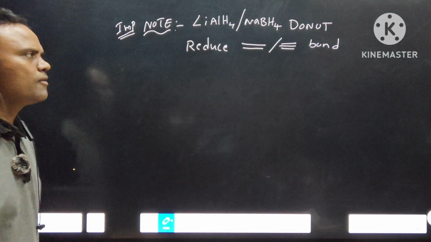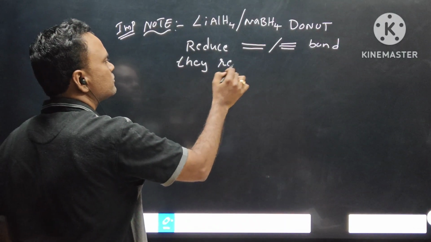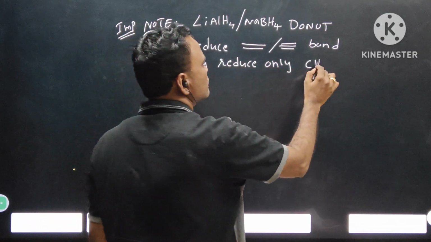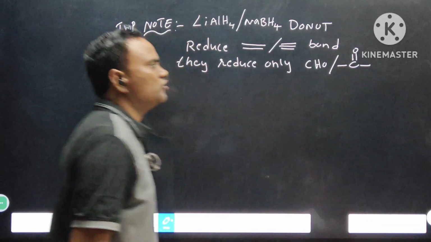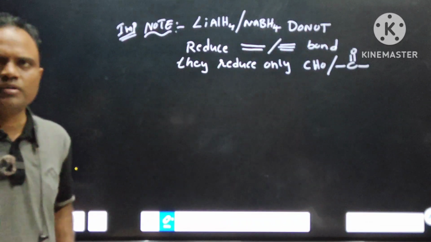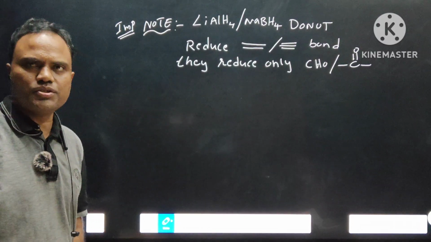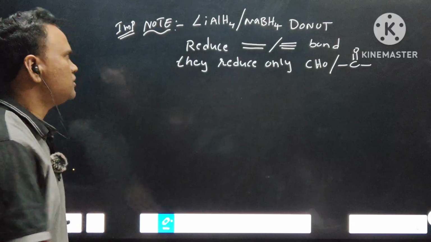Very important. They reduce only the CHO group or keto group. I am talking about both the reagents. Once again, I will revise yesterday's reaction, and I will give you one important example. Clear?